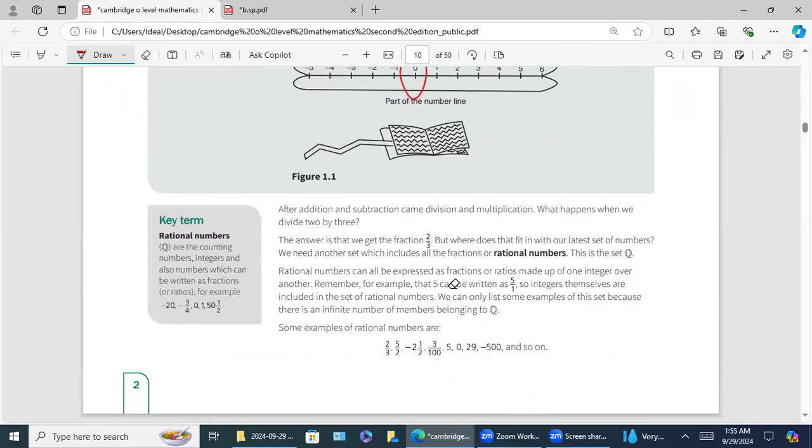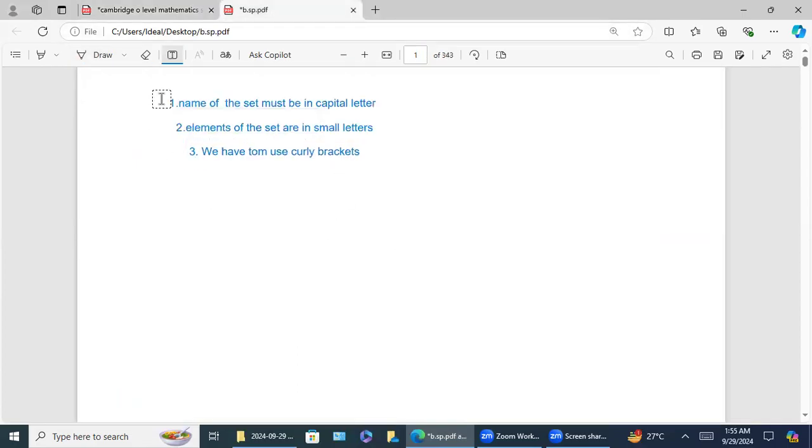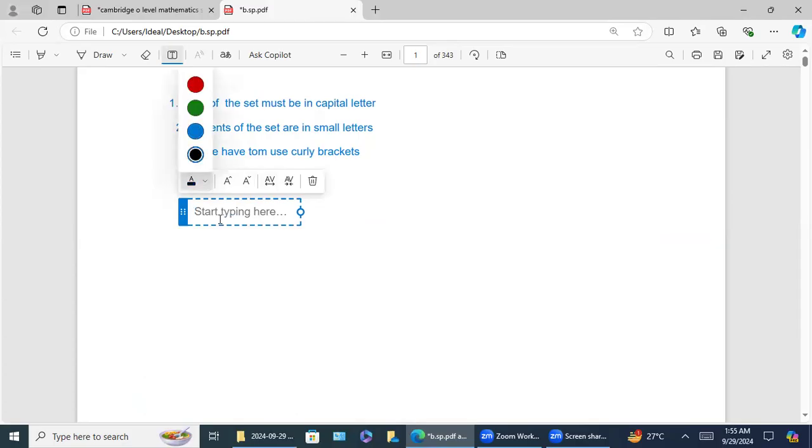Then rational numbers. What is a rational number? Those numbers which can be written in the form of P upon Q. Those numbers must be defined first.